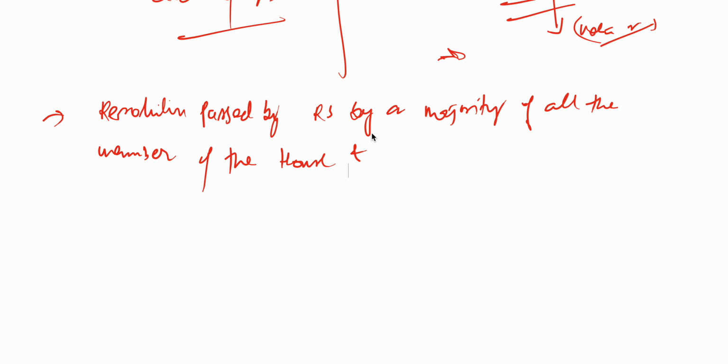Yes. Sir, in Rajya Sabha is it simple majority or special majority? See, nothing is mentioned about special majority. It's simply mentioned that by a majority of its members at that time. So it's a simple majority only, I think. It's simply written that by a majority of all the members of the house at that time.